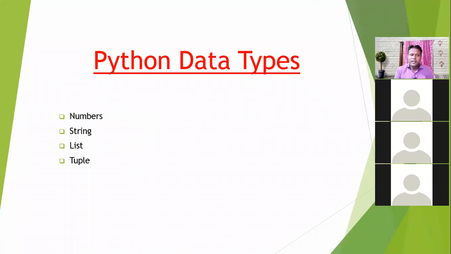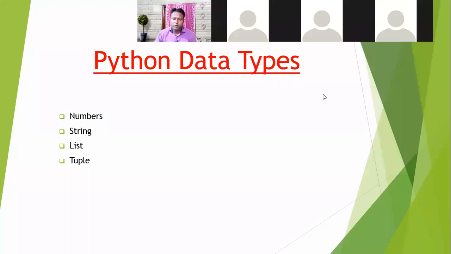Now, normally there are no data types in Python, but there is a way of storing your value, and it is divided into four ways. So actually, you can say that in Python no data type is present, but there is a way that you have to store a value.